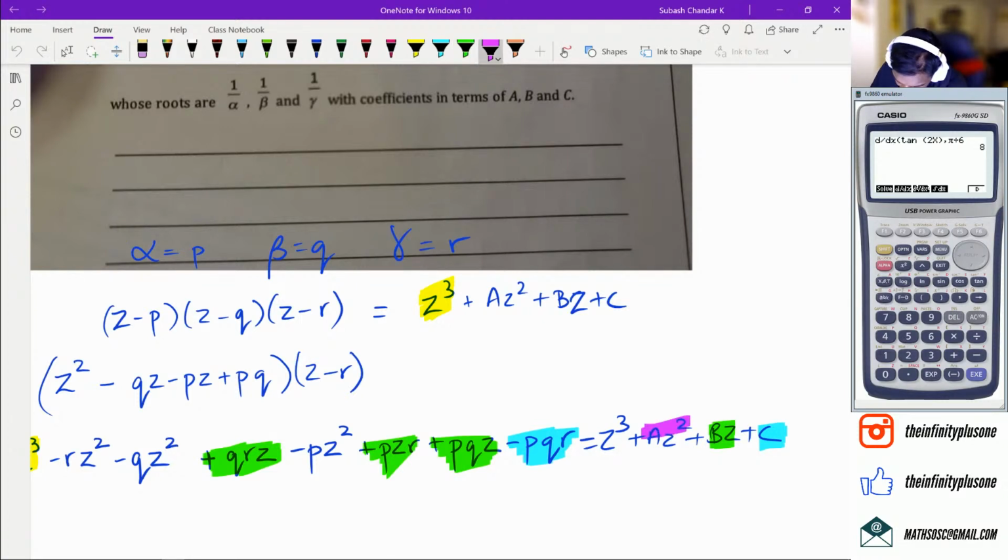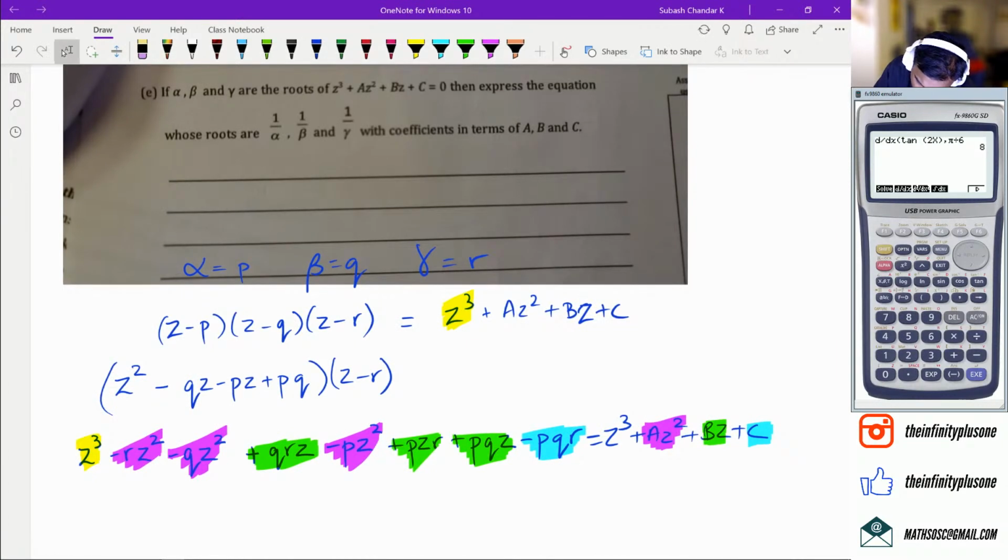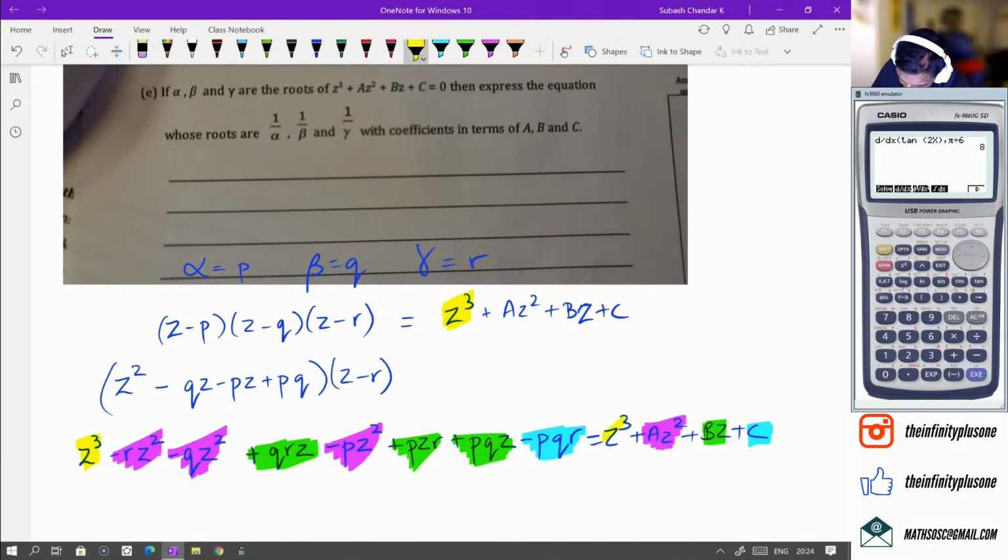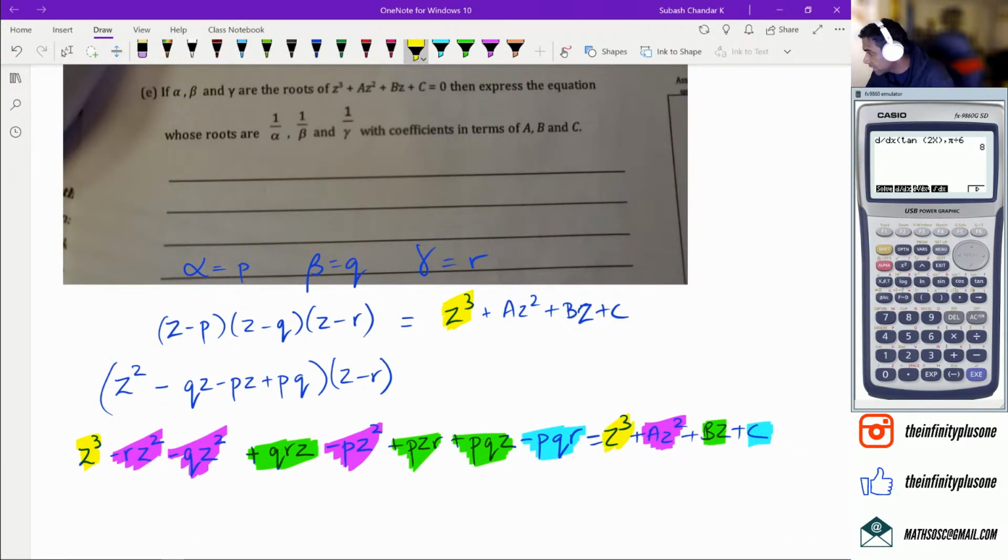So az squared will basically be this, this, and this. And then finally your z cubed is already sorted out, so we don't actually have to worry about it.